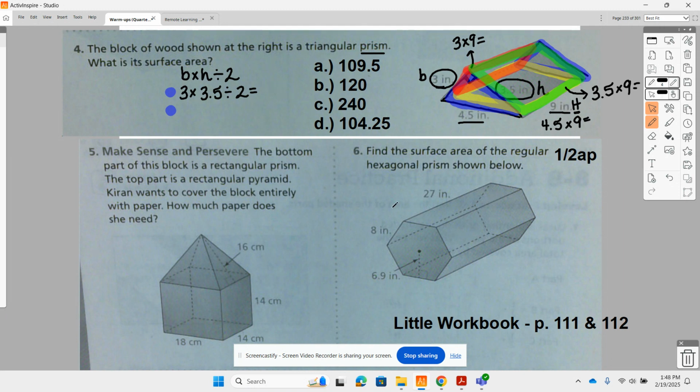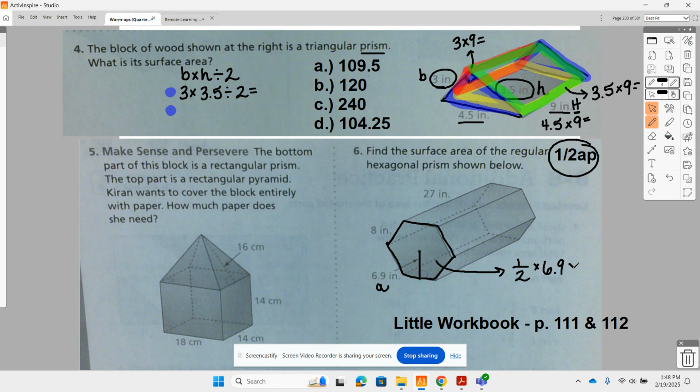Here's a clue to help you on the hexagonal prism. Remember, you will need to get the areas of all the sides, but I know the hexagon is probably going to give you the most trouble. That was the newest formula for us, which is this one right here, 1/2 times A times P. We're going to do 1/2 times the apothem, which is kind of like the radius of, in this case, a hexagon.